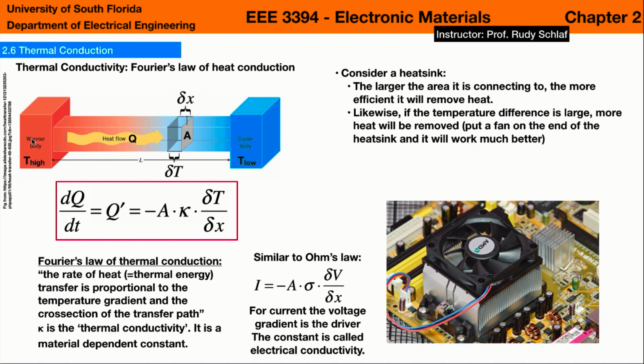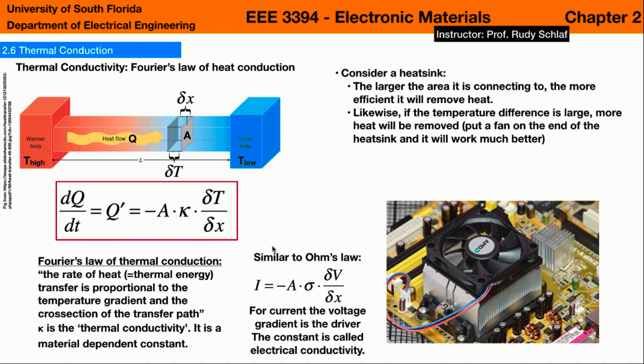If we have a warm body and a cold body and a path of heat transfer between them, then Fourier's law states that the rate of heat transfer, the rate over time, is proportional to the area of that transfer path and the temperature gradient across this transfer path, so the temperature difference between hot and cold reservoirs. And that is multiplied with a material dependent constant, which is called the thermal conductivity.